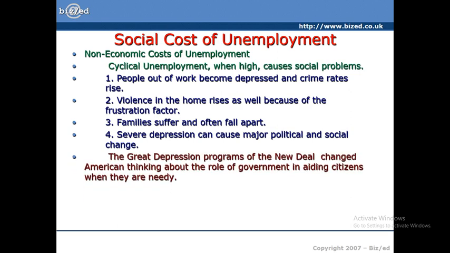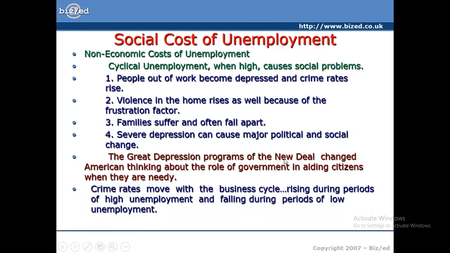The Great Depression programs of the New Deal changed American thinking about the role of government in aiding citizens when they are needy. Aiding citizens, not adding. Crime rates move with the business cycle, rising during periods of high unemployment and falling during periods of low unemployment. These are all studies. They analyzed what happens to crime during the business cycle, and found that as unemployment increases, crime rates also increase.